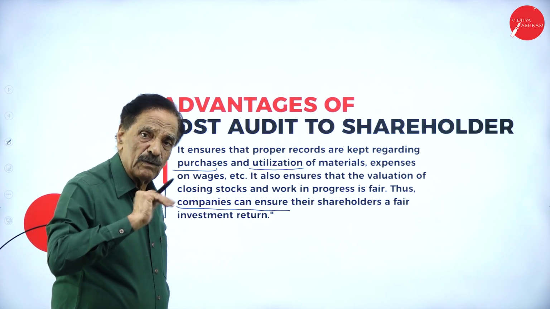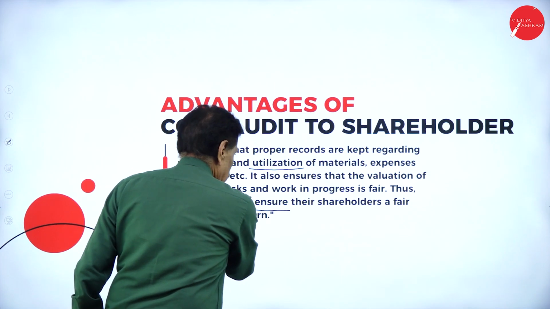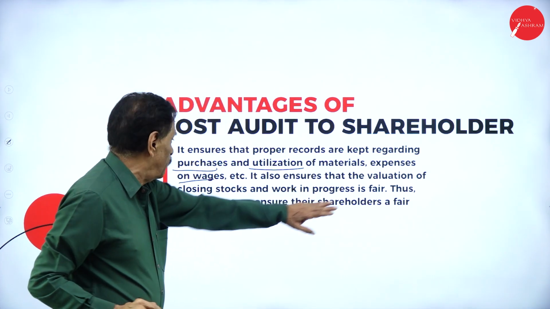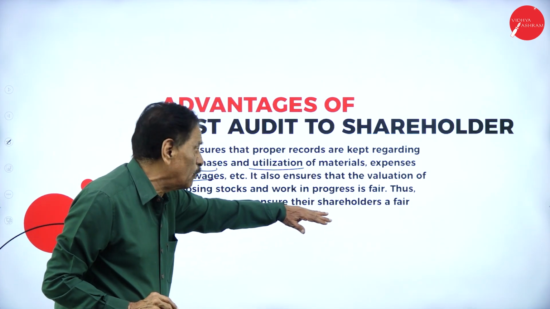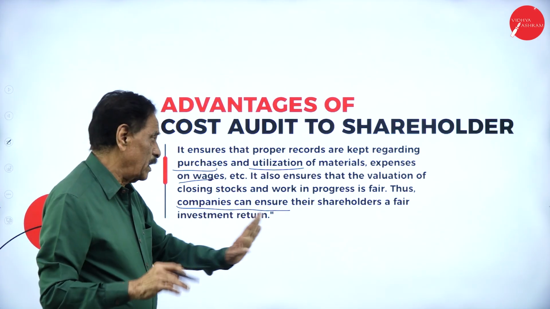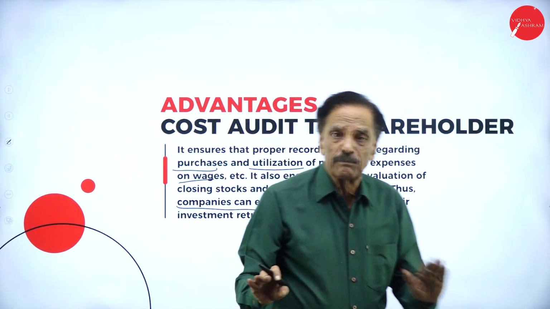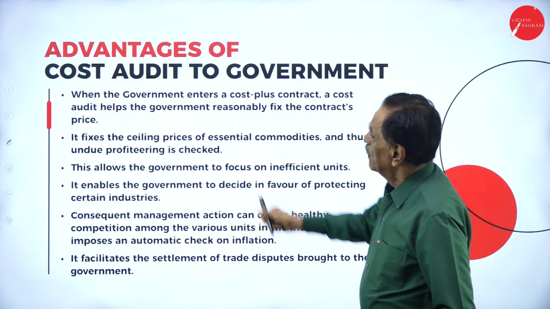But we have to find out the cost of that. Then expenses on wages. It also ensures the valuation of closing stock and work in progress. Thus, the company can assure the shareholder a fair investment return. Unless there is a fair investment return, it cannot be possible.